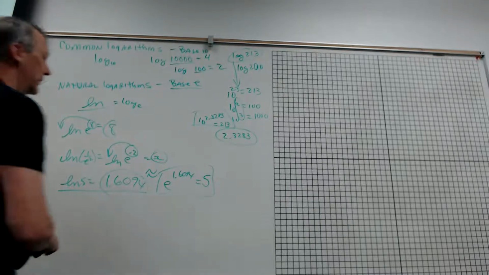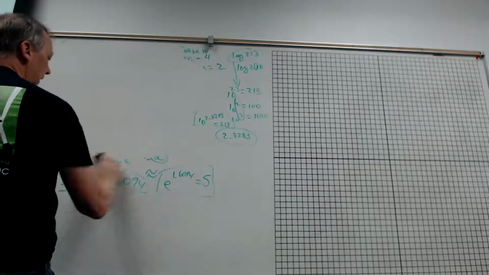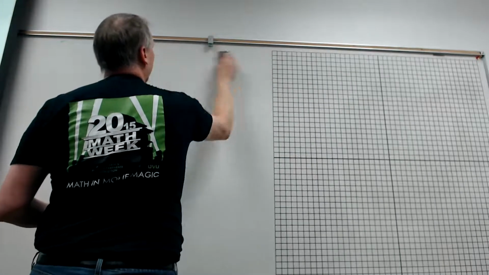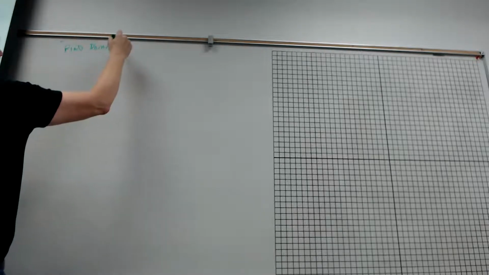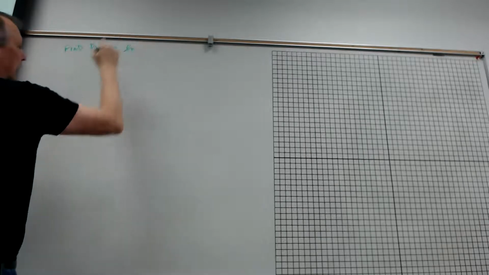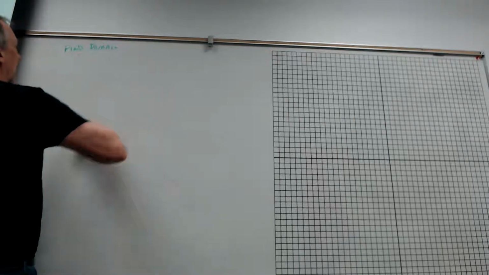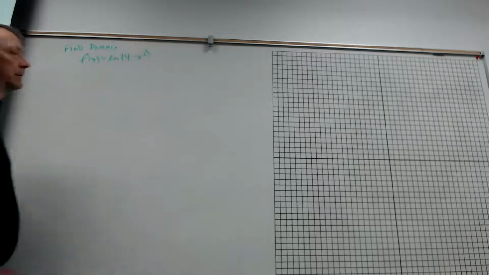Oh, now this is the best one. We haven't spent a lot of time on this. I probably want to spend more than one problem on this because they love to put this on the final exam and students love to miss it. What if I told you I wanted you to find the domain of f of x equals the ln of 4 minus x squared?